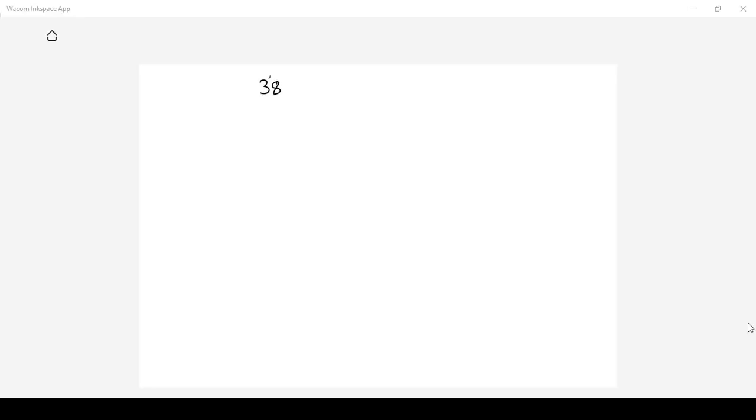So now we have three weights left with us: 38, 28, and 22. Among these, the two minimums are 28 and 22. So we select and add them. Usually the lesser weights we should take on the left side and the greater weights on the right side.